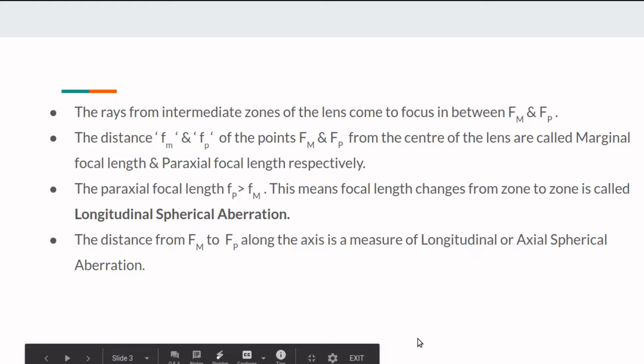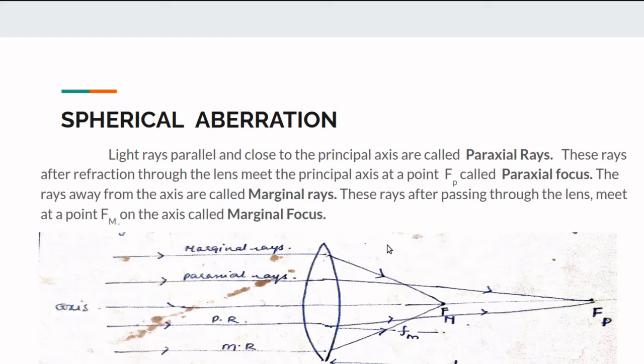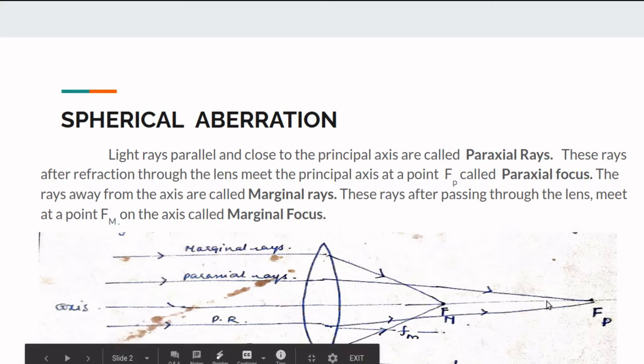The paraxial rays, after refraction through the lens, meet the principal axis and form the image away from the lens. In the case of marginal rays, the image is formed nearer to the lens. That means marginal rays have greater deviation than paraxial rays after refraction through the lens.